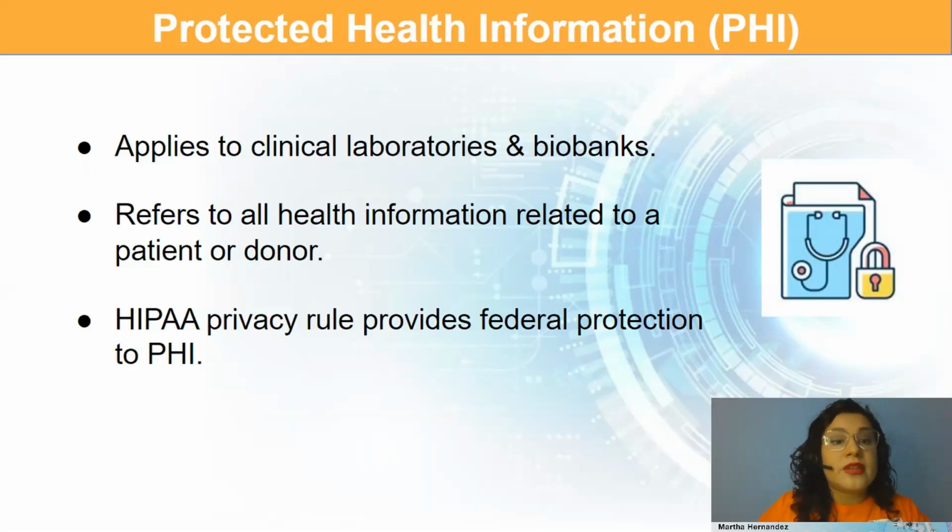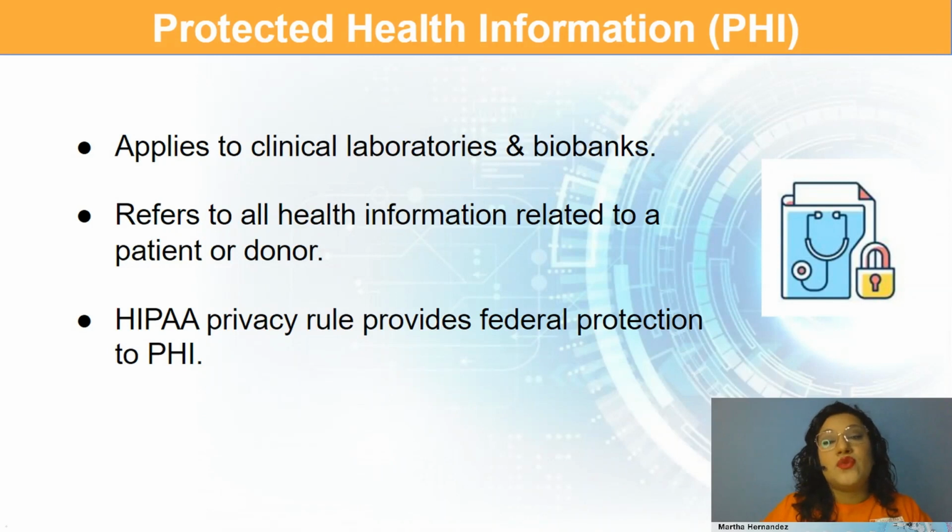So first, the protected health information. This applies to all the clinical laboratories, or can be the clinical research or clinical diagnostic labs and biobanks. This protected health information refers to all the health information related to a patient or donor, including past, present, or future health conditions.